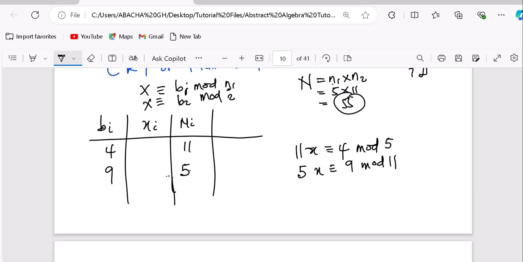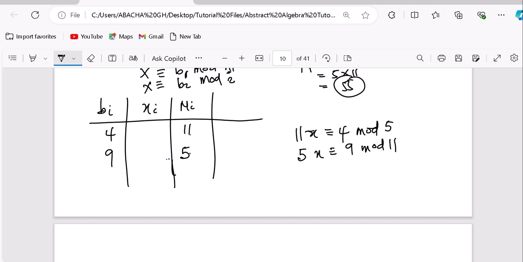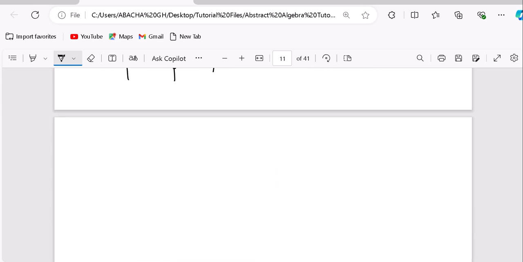But with the idea of inverses, I'm looking for numbers such that if I multiply 11 by a number and take modulo 5, I'm going to get 1. So this may be the complicated part.